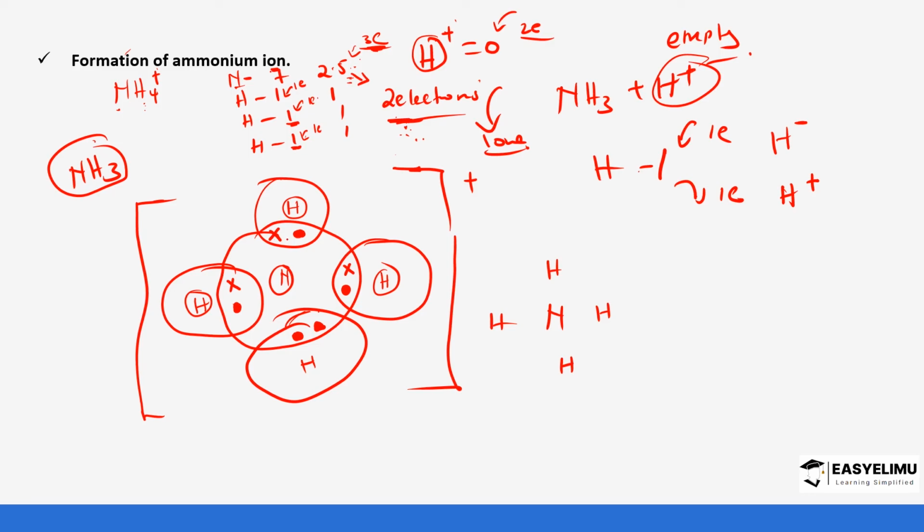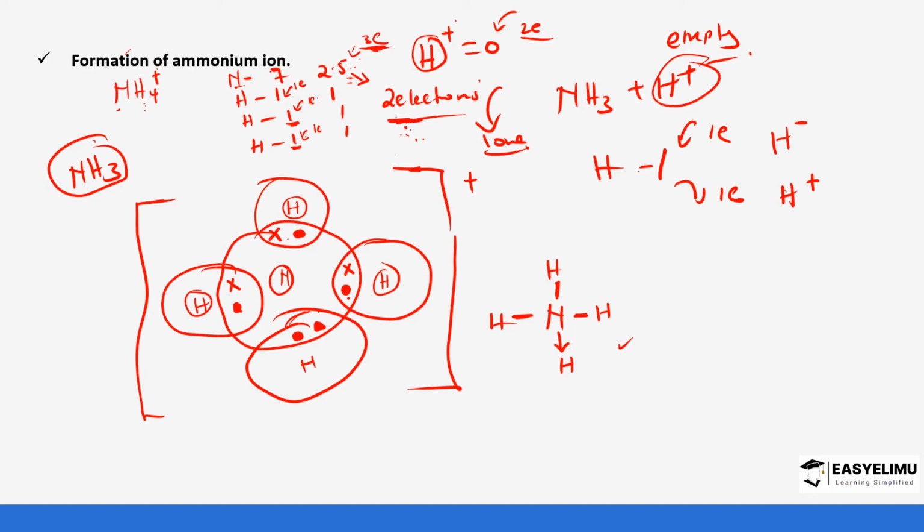The first has a pair of electrons, so it is a line. The next also has a pair of electrons, so it's a line. The next also has a pair, so it's a line. But for the one that is completely contributed by nitrogen, we usually show it with an arrow. The arrow comes from the contributor to the one being contributed to. So the nitrogen is contributing 2 electrons to hydrogen, so we use an arrow. And that concludes our structure.